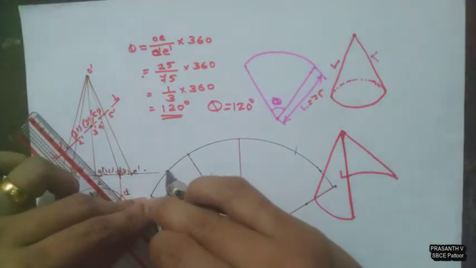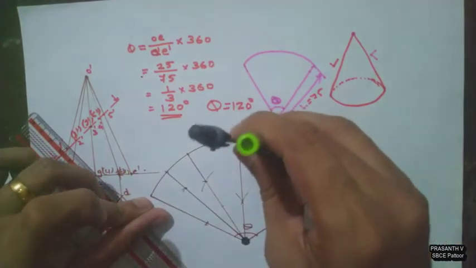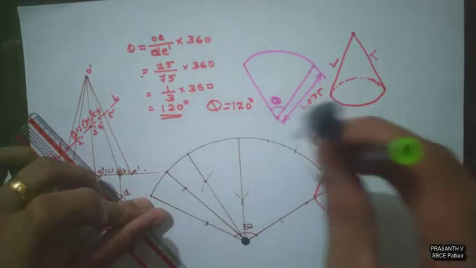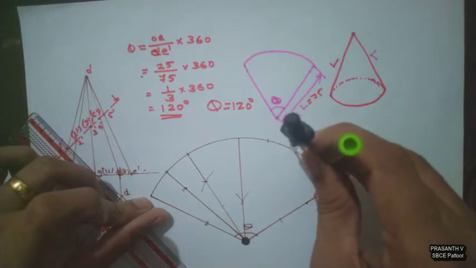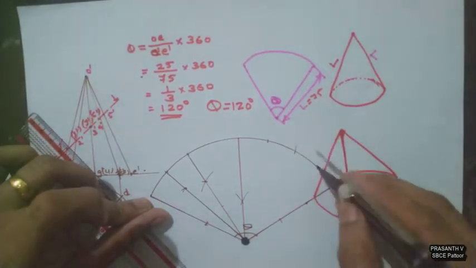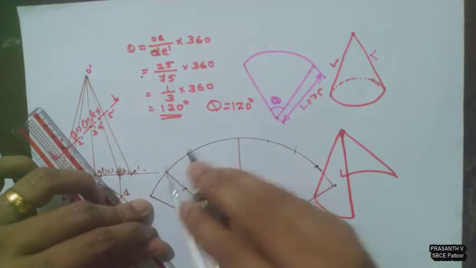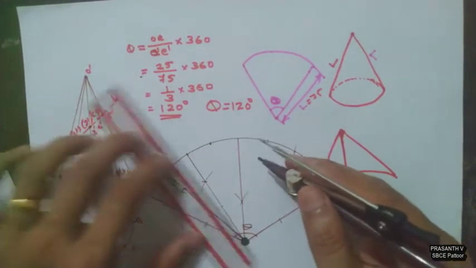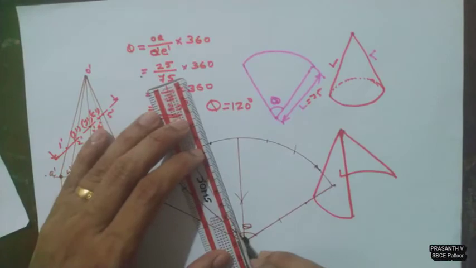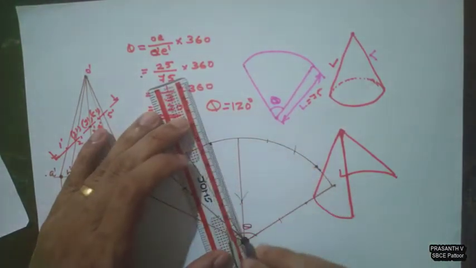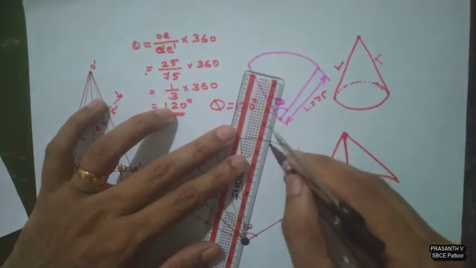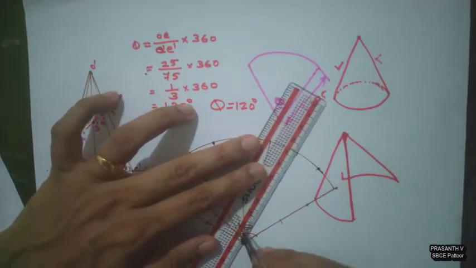Similarly, this distance, mark here also, somewhere here. Now similarly, take this distance and mark it here. This is how you can divide this arc sector into 8 equal parts.